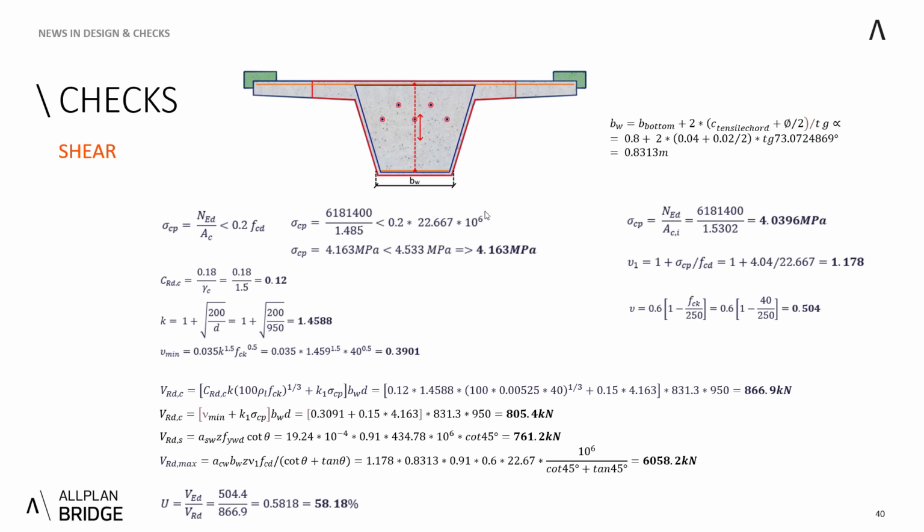We can also verify the concrete compressive stress at the centroid axis due to actual loading, which is resulting, also by this limitation, into 4.16 megapascals. And we can also see that we can verify all the results which are coming from Allplan Bridge report.